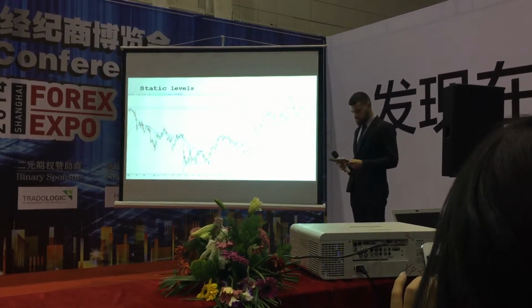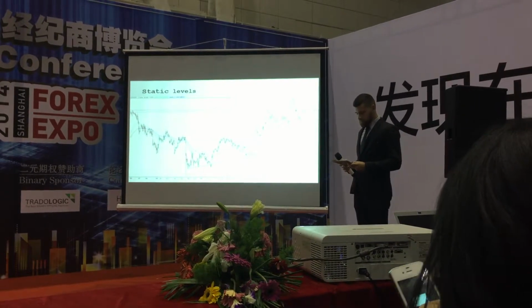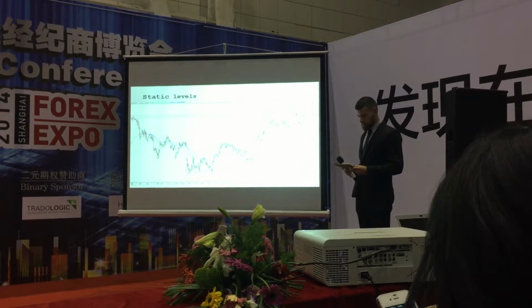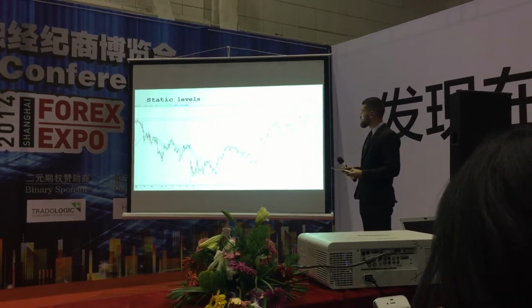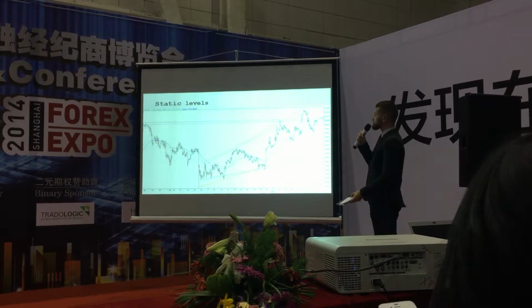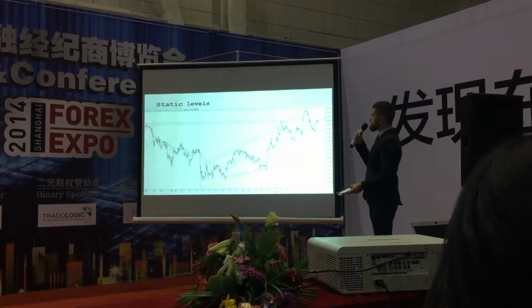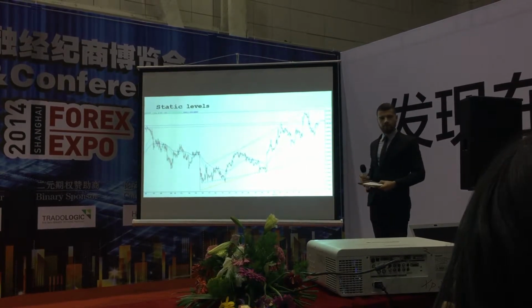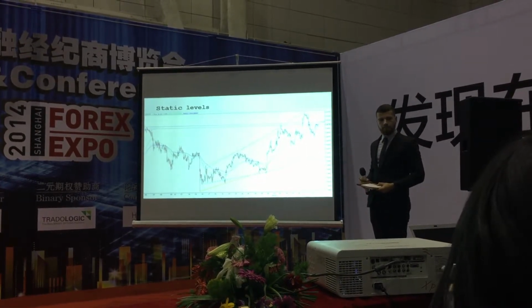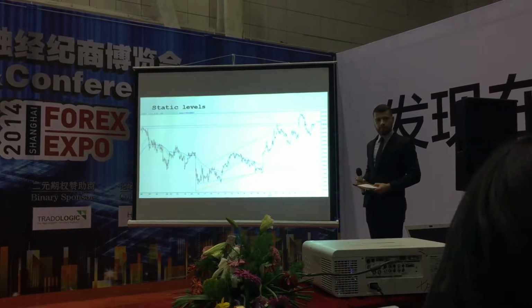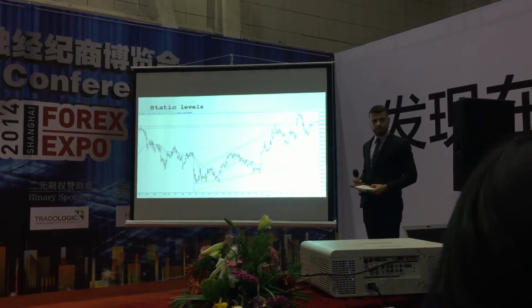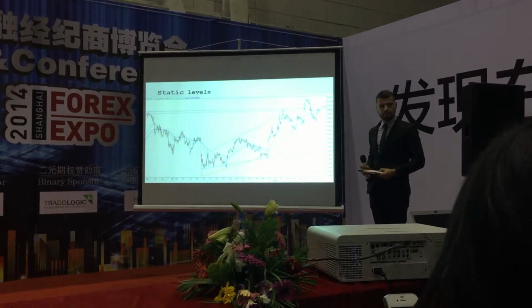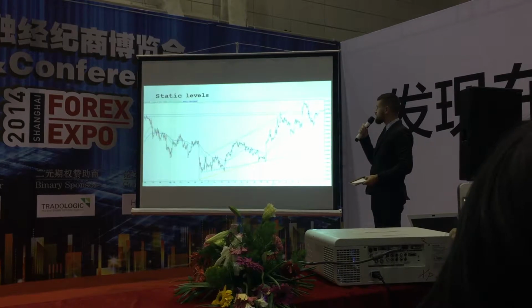What I did is I put a short position right at this moment and put the stop loss right above this price. Let's see what happens next.